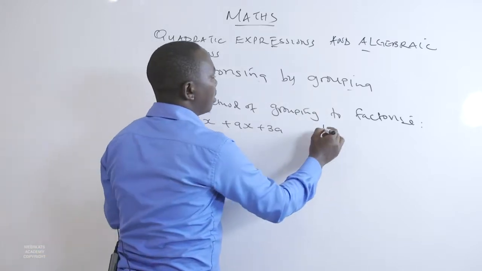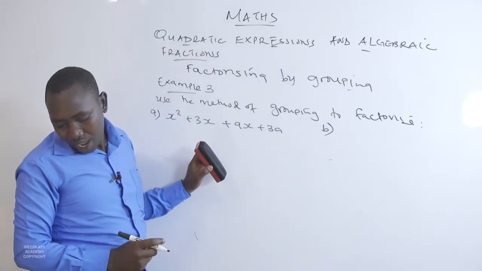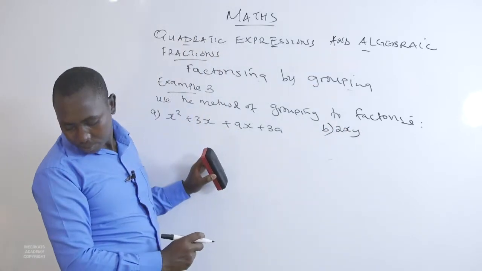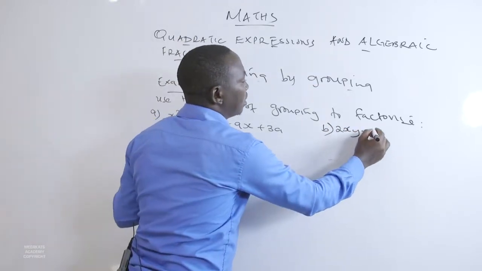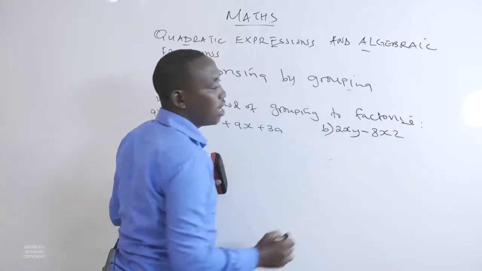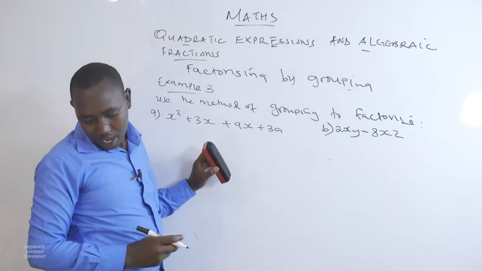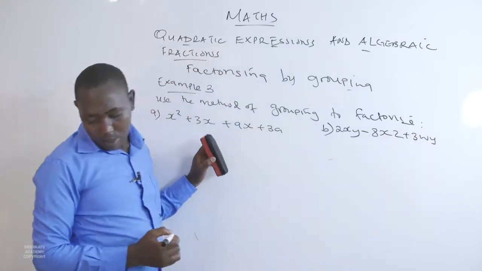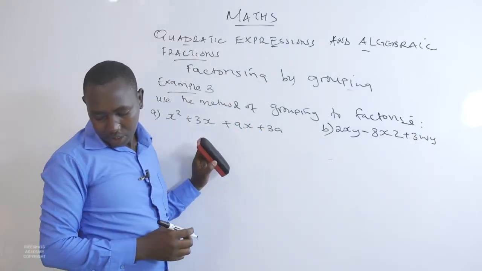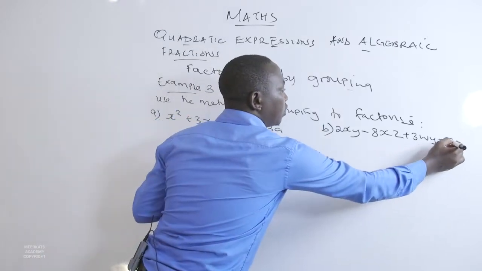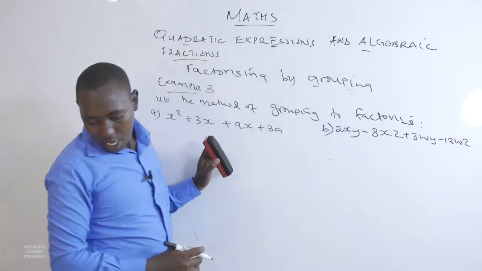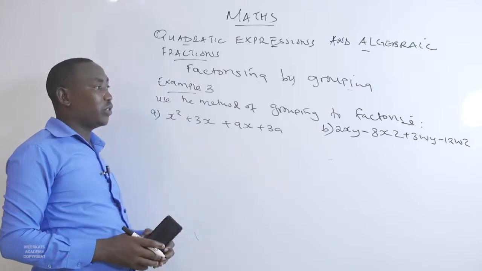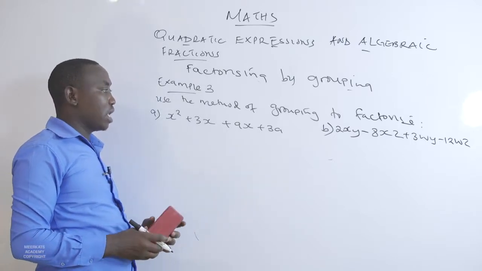Number B, we have got 2xy minus 8xz plus 3wy subtract 12wz. So I want to solve these two by grouping.